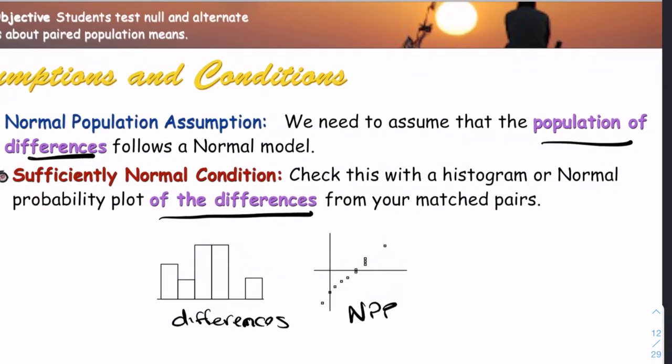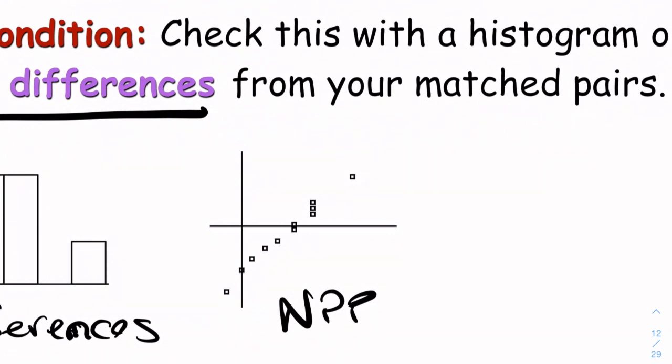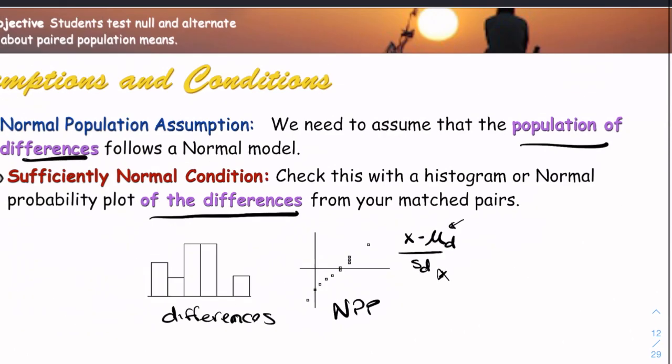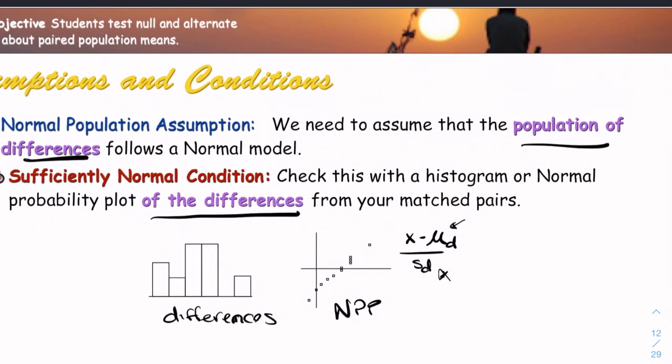And what is nice about a normal probability plot is it will always take x minus mean over standard deviation. So when you do a normal probability plot and it gives you the slope, these two values are automatically calculated for you. So that's a nice little shortcut when you're trying to jump to the rest of the calculations we have to do.